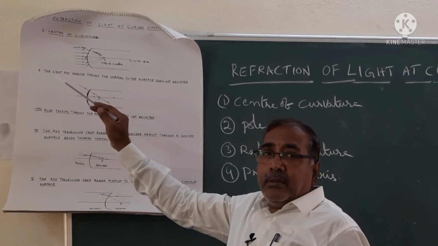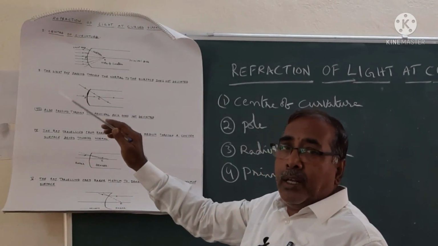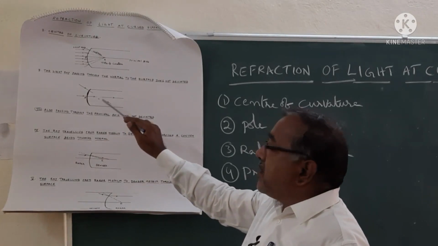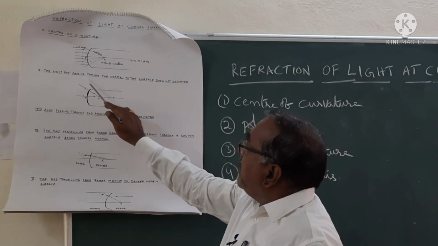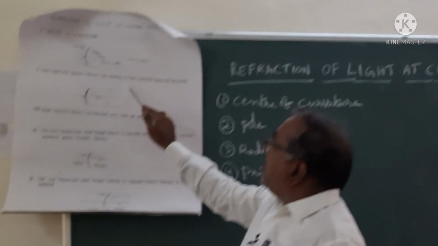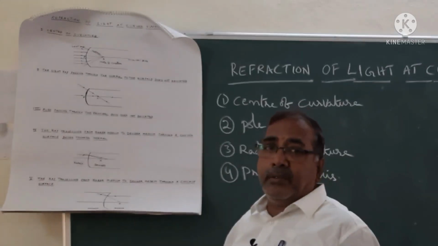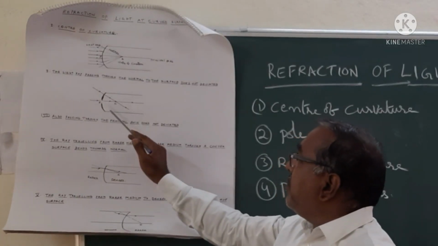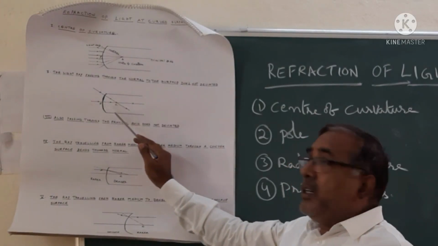The light when traveling through a curved surface follows some laws. The first one is, the light ray passing through the normal to the surface does not deviate. Here you observe it is a curved surface, the center of curvature, and this is called pole.